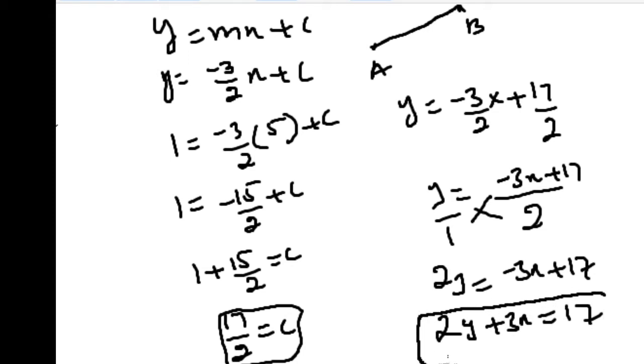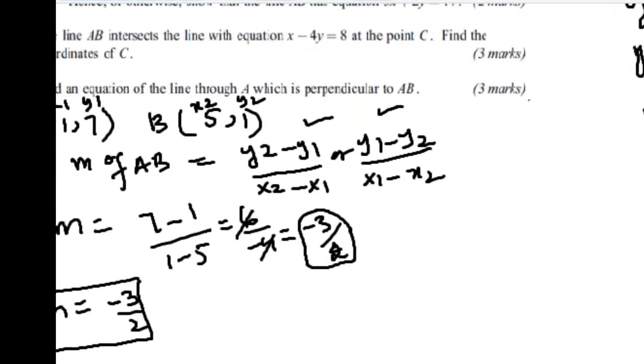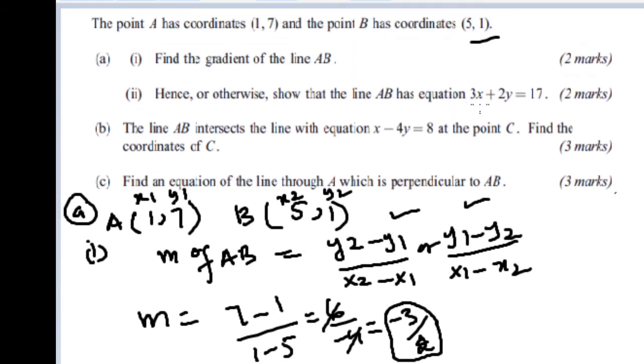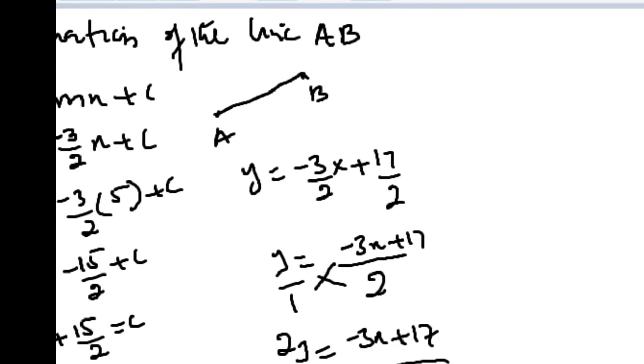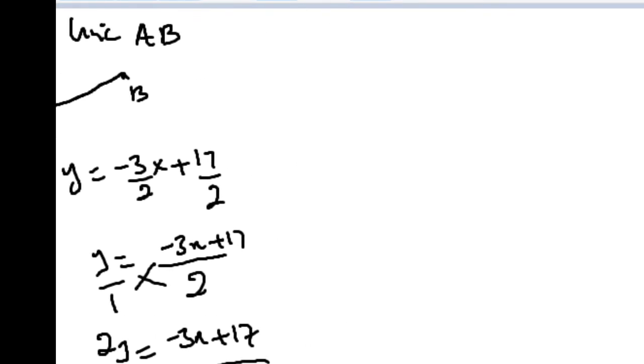Or we can also write 3x plus 2y is equal to 17, which is the desired form. They want 3x plus 2y is equal to 17. Even in the question, they want the answer in this form, or to show that the equation of the line is this one. So it's very much clear that the equation of the line AB is 3x plus 2y is equal to 17.